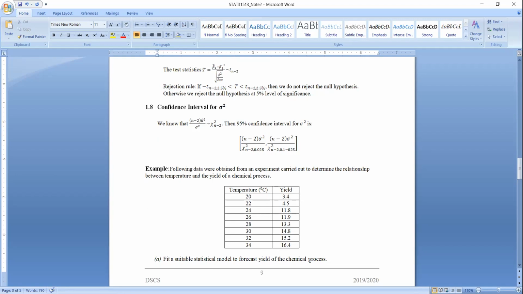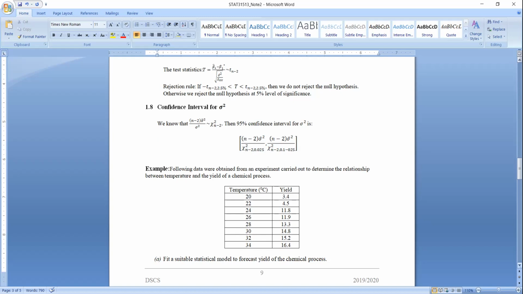If you want to forecast the yield, we know that is our response variable. So your response variable is y, and it's depending on the temperature value. So your x variable is the temperature. That is the first thing to identify when you are provided with the data set: what is your x variable and what is your y variable?